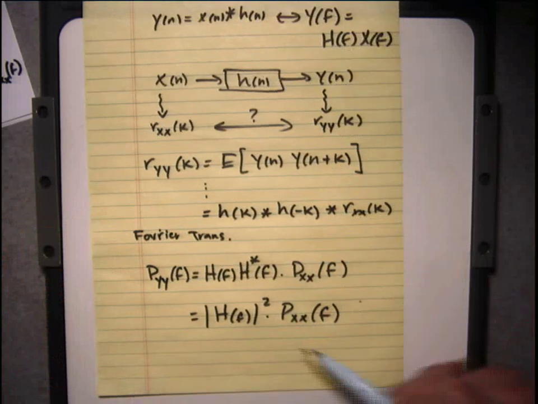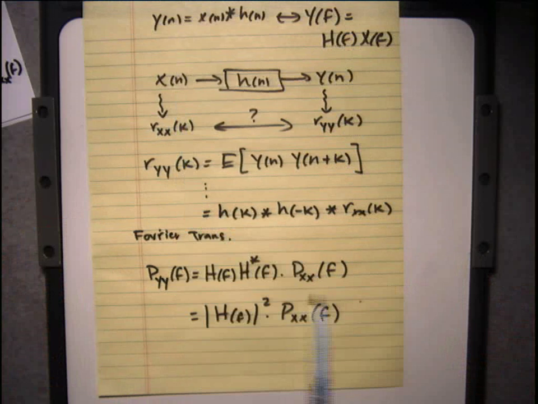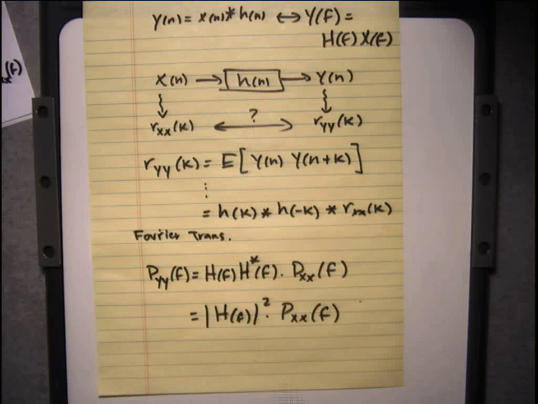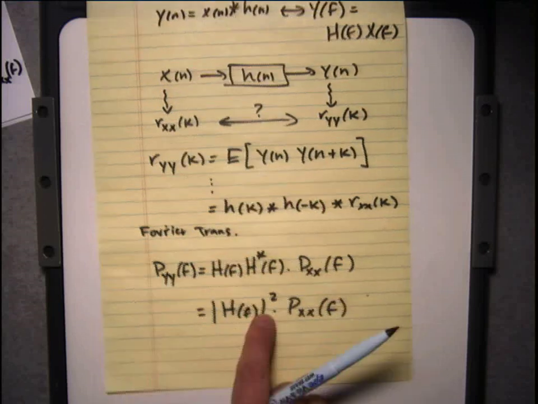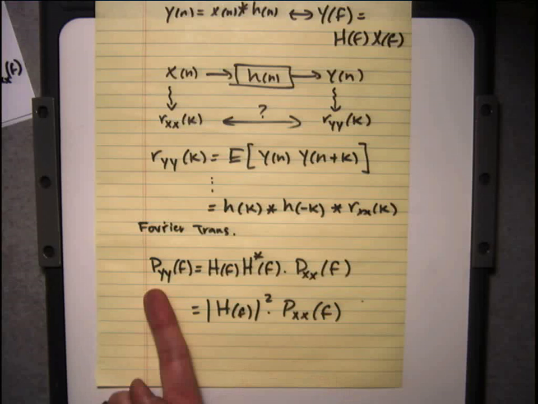In other words, for example, if the input was white noise, this guy here, Pxx, would be flat, right? Now suppose that h of n is a low-pass filter. If it was a low-pass filter, then its magnitude squared frequency response would be something that would decay at some point. So now you're multiplying these two together, and therefore the output is going to look like something that has some values at the low frequencies, and it's going to die out at the high frequencies. It's no longer going to be white noise.